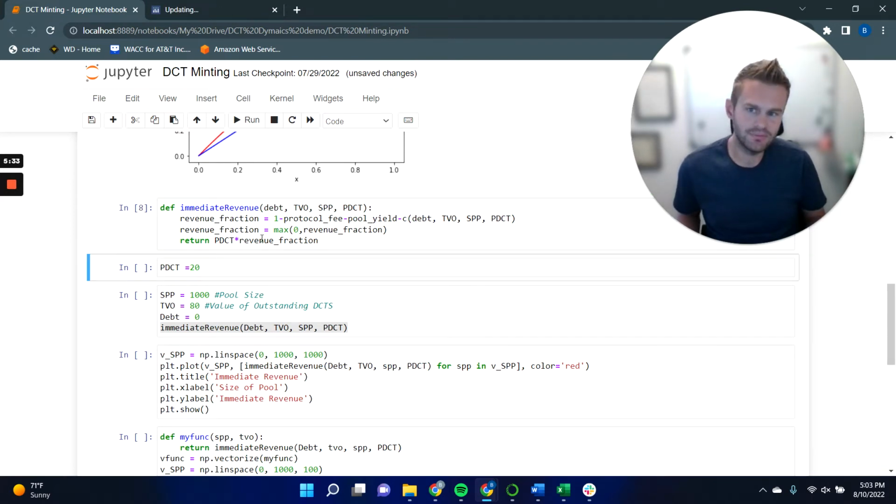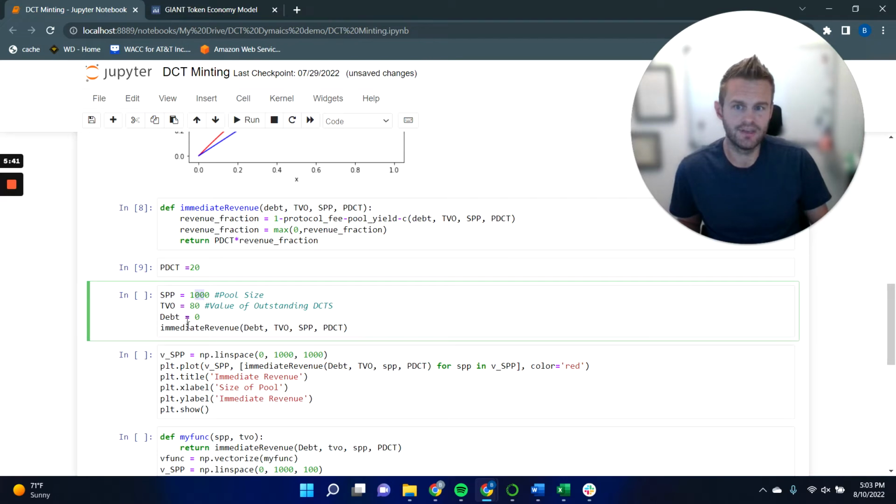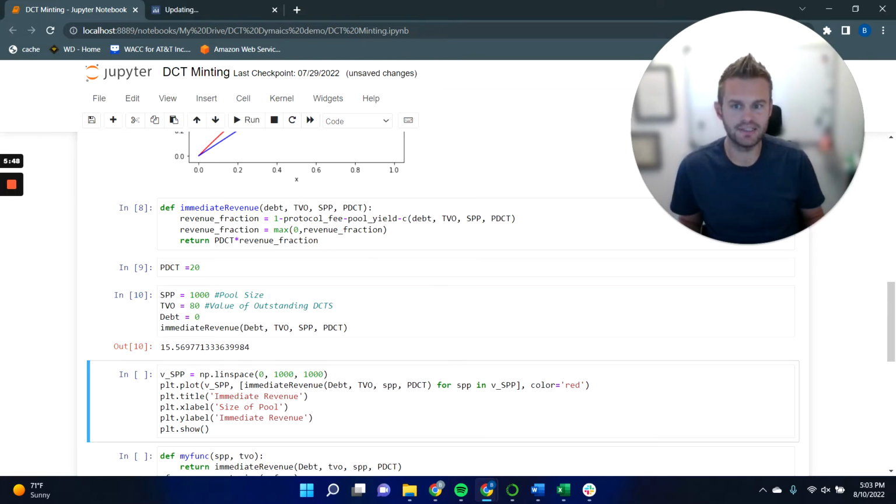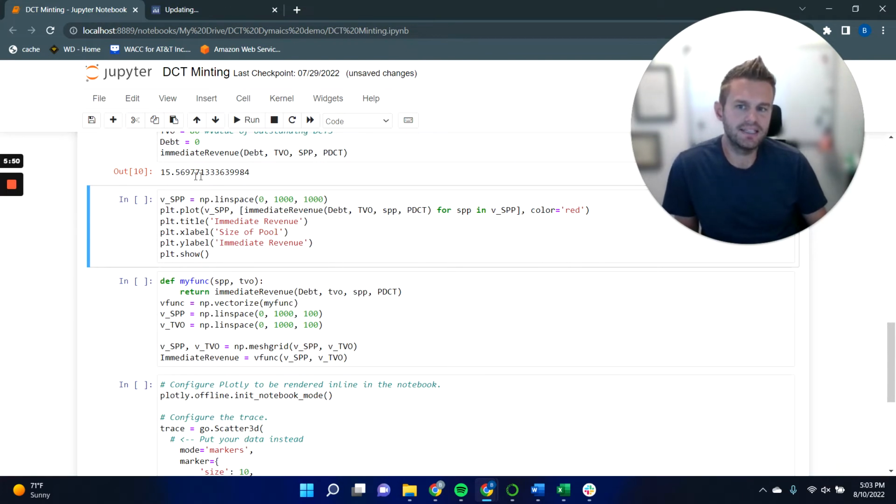So if we do a quick example, let's set our DCT price to be $20. Let's say we have a pool of 1,000 giant, a TVO of 80 giant. Let's assume there's no debt, and let's have a look at what the immediate revenue is. In this case, we have $15.